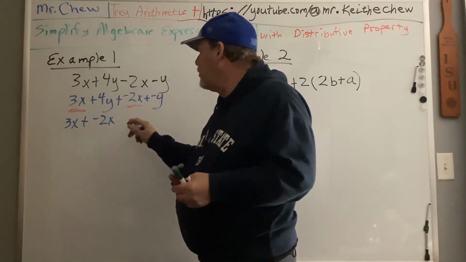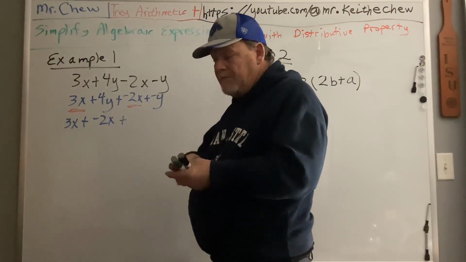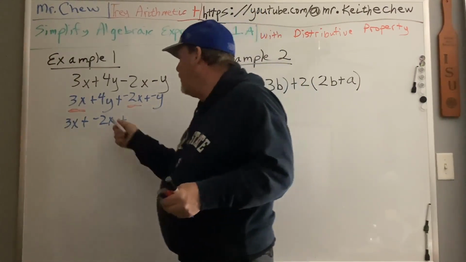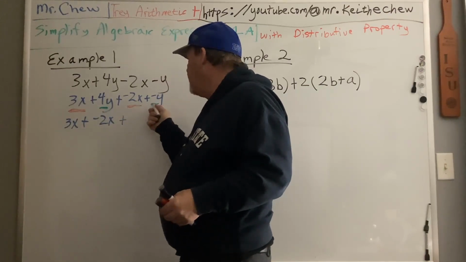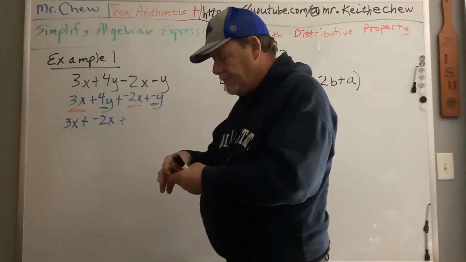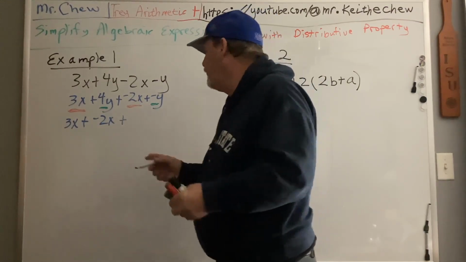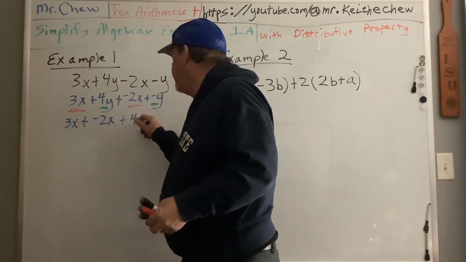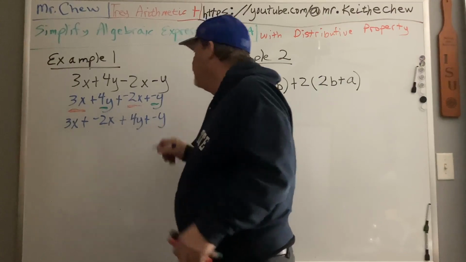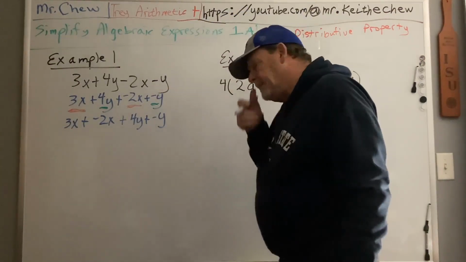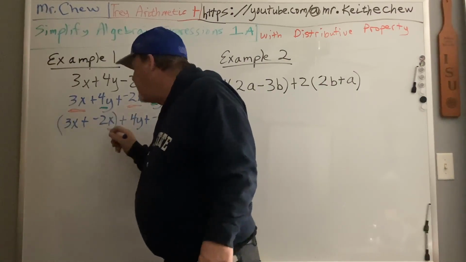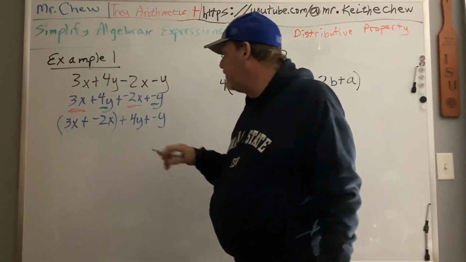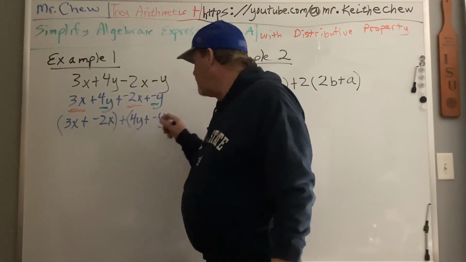And then I'm going to find my terms of y now. So I'm going to take green now. There's a term of y. There's a term of y. Now I've used everything up there. Since these have like terms, I can combine them.